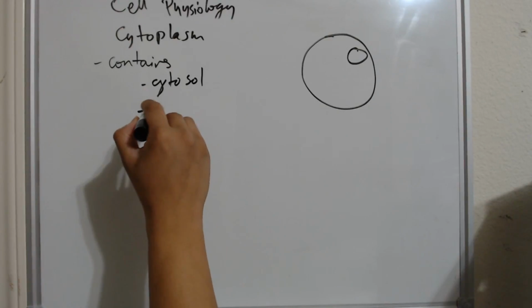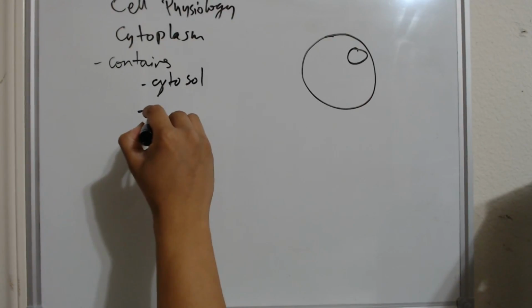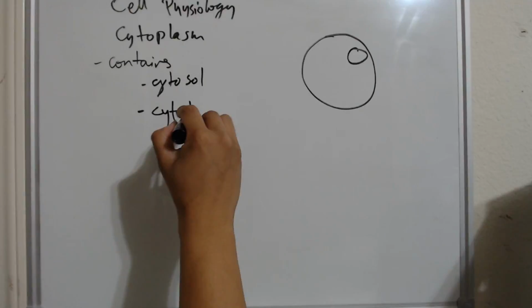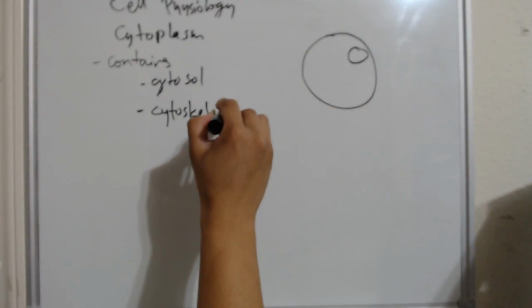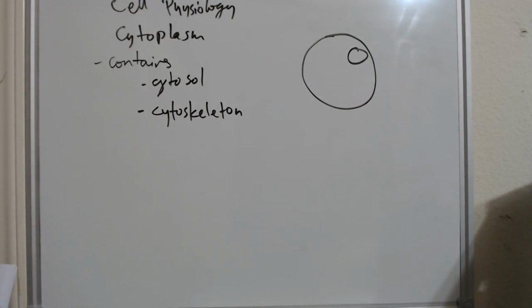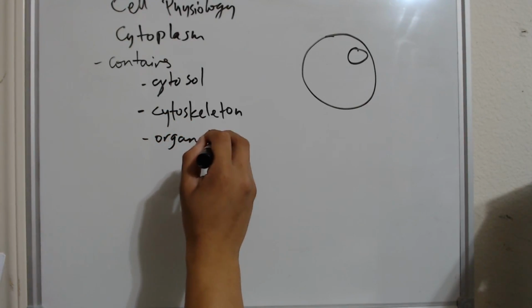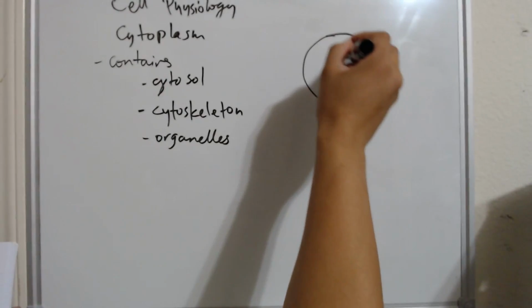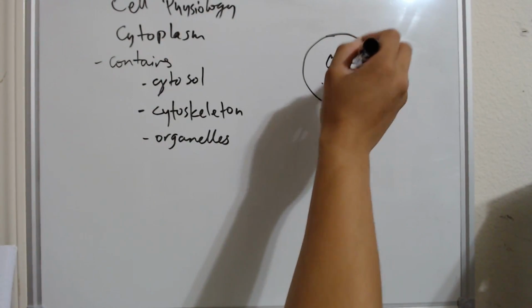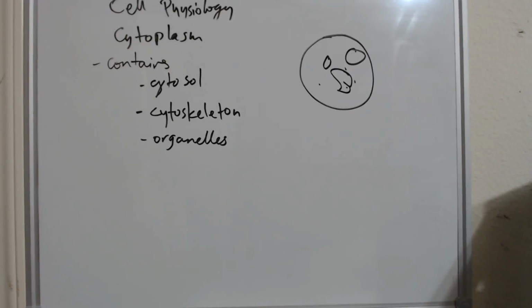There's also, of course, the cytoskeleton to keep the cell structure. And there are also, of course, organelles. These organelles, they'll be around the cell. These are all part of the cytoplasm.